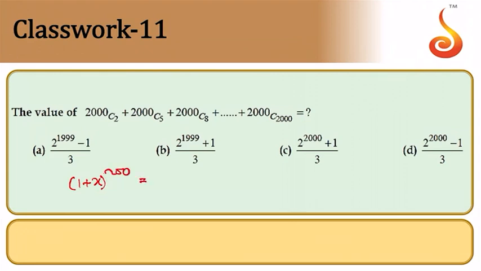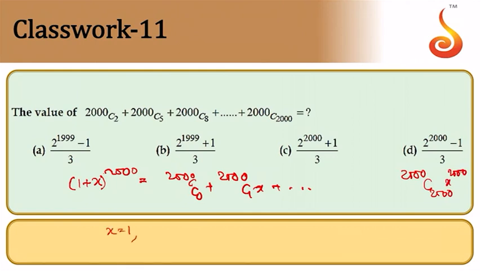11. 2000 C2, 2000 C5, 2000 C8, and so on. If you observe very carefully, this question is taken from 1 plus x to the power 2000. The expansion is 2000 C0, plus 2000 C1 x, and so on, up to 2000 C 2000 x to the power 2000.